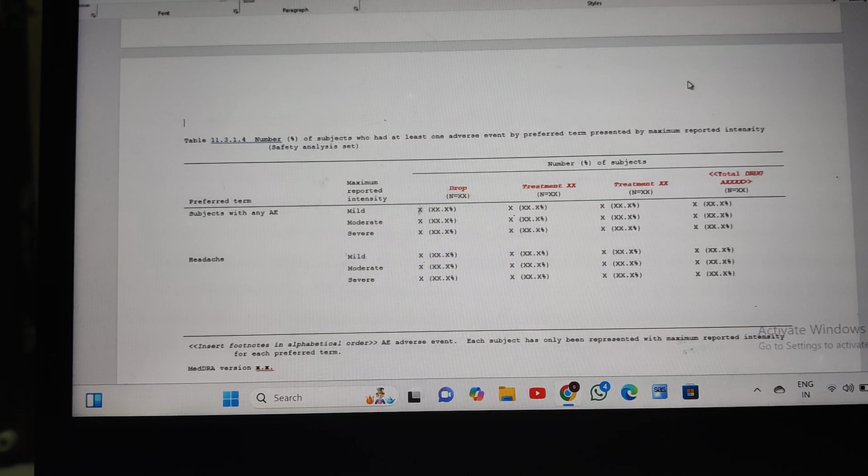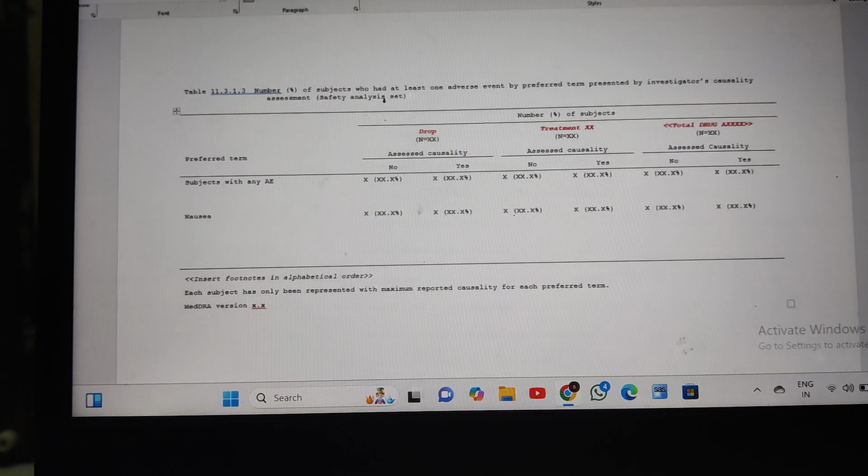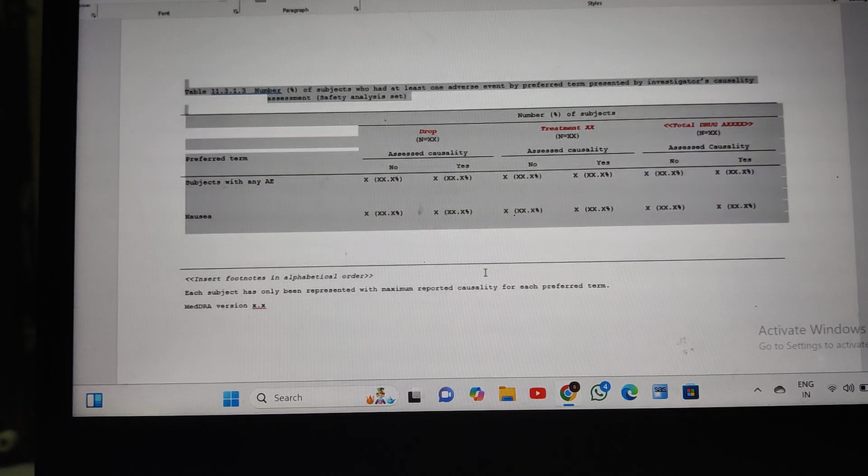Okay, so coming to this, you should have one doubt by this time. How do we know which variables we have to consider for these particular categories and headers? For that, some of the companies or teams will do the annotation for the TLF shells.